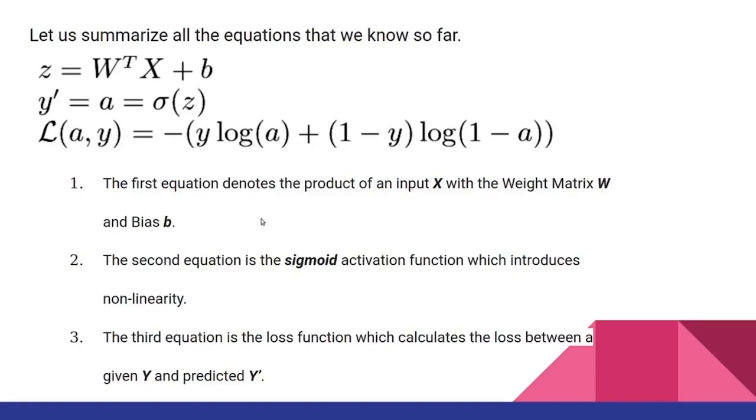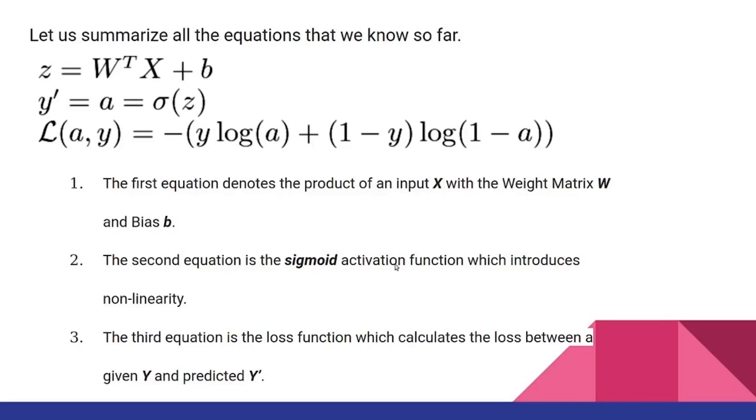So let us summarize all the equations that we know so far. Z is equal to W transpose X plus B. Y dash is equal to A is equal to sigma of Z, or the sigmoid function of Z, and our loss function that we saw previously. The first equation denotes the product of an input vector X with a matrix W and a bias B. Pretty simple.